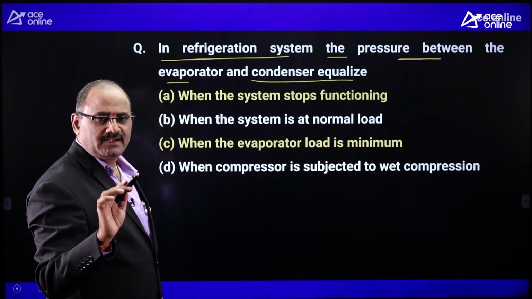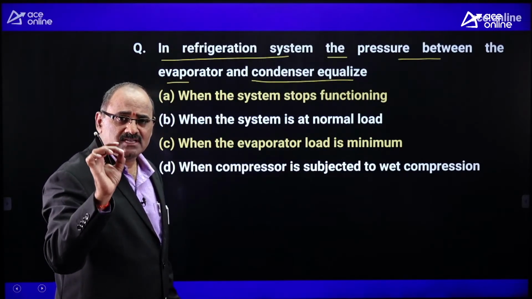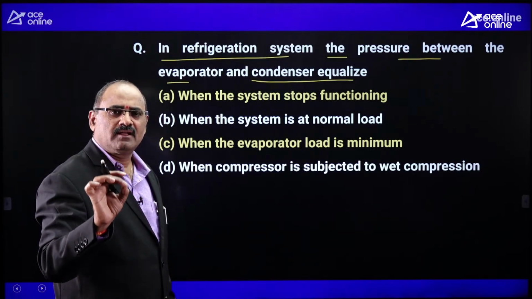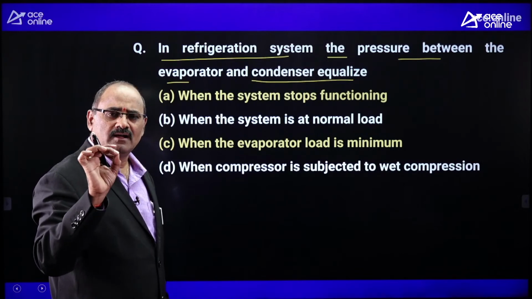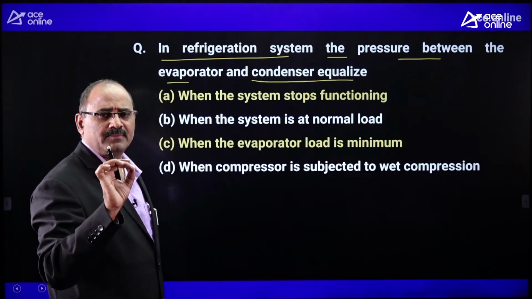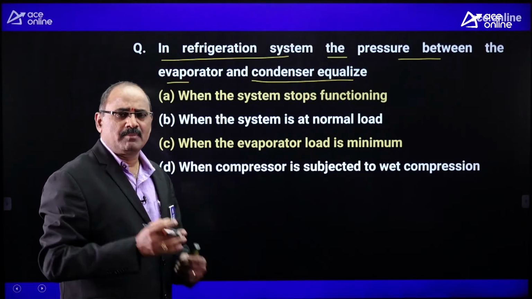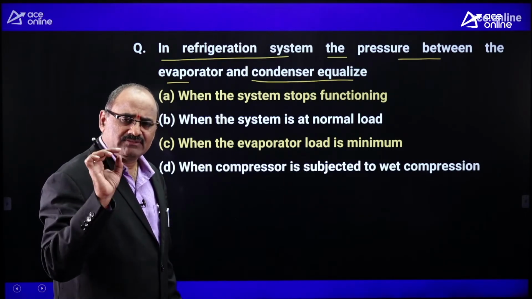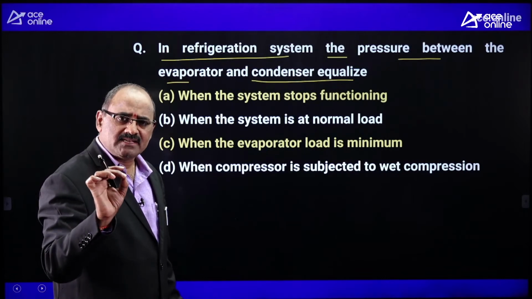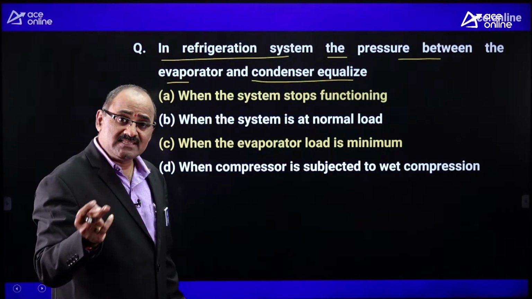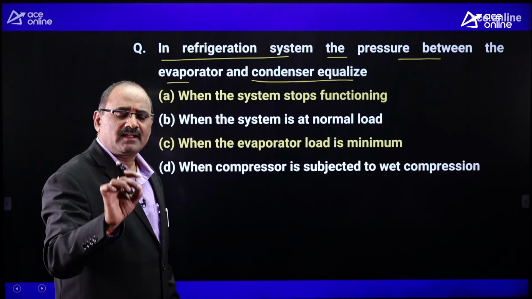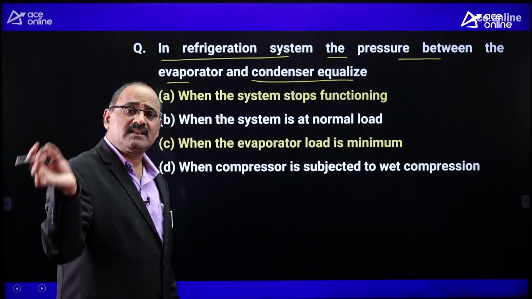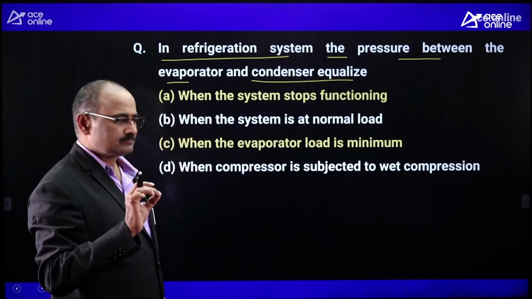You are asked to decide at what position of the refrigerator the evaporator pressure and condenser pressure are identical. Dear friends, remember, as long as the refrigerator is working, the refrigerant pressure in the condenser is always more than the refrigerant pressure in the evaporator.